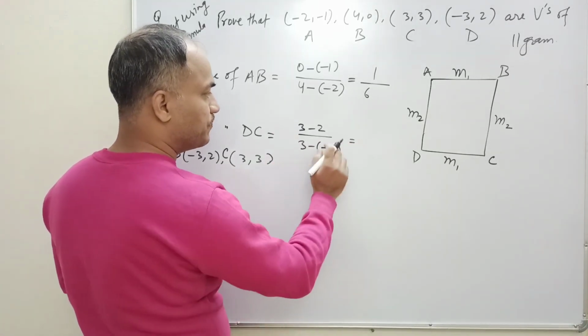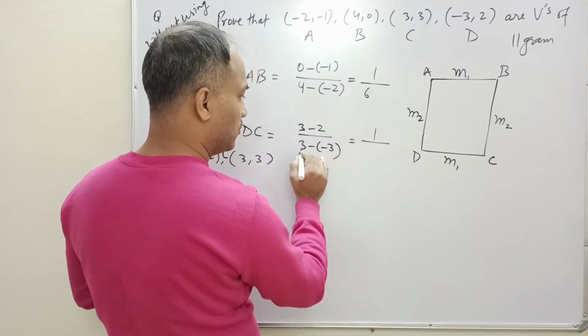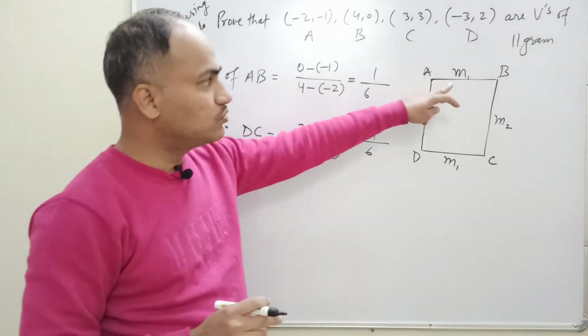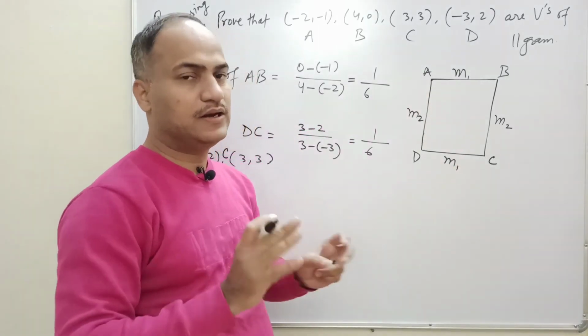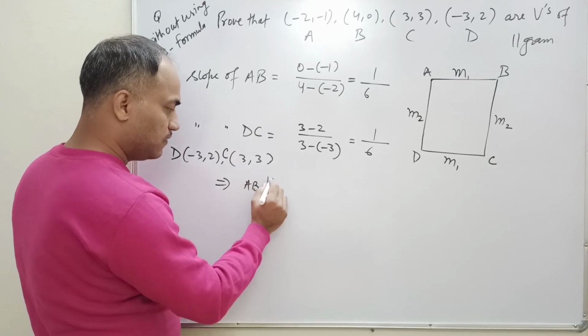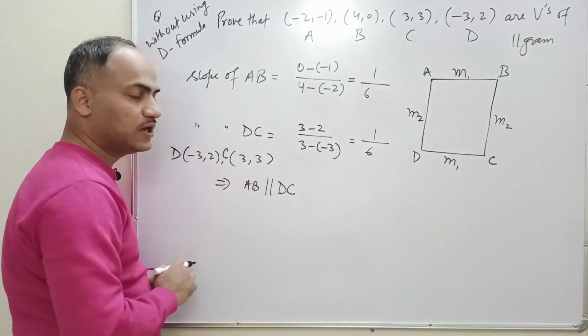So how much is this? This is 1 upon 6. Since the slope is same, so we can conclude that AB and DC are parallel. AB parallel to DC. Okay.